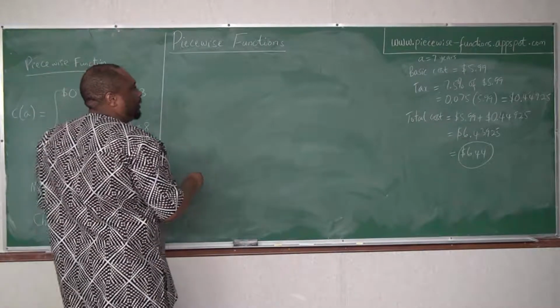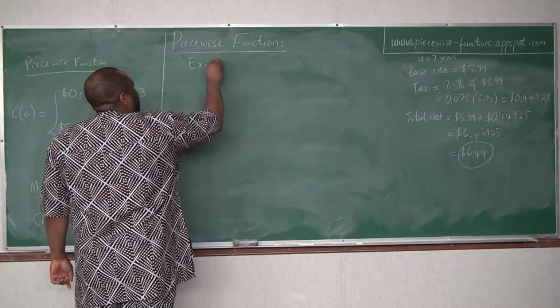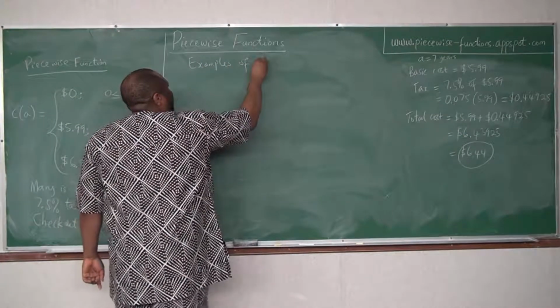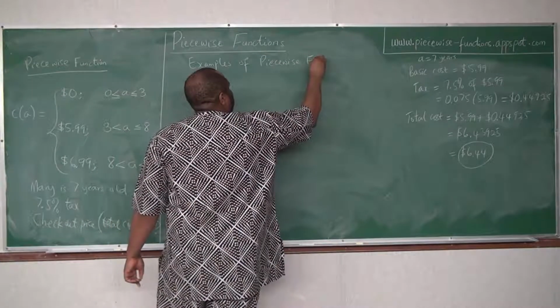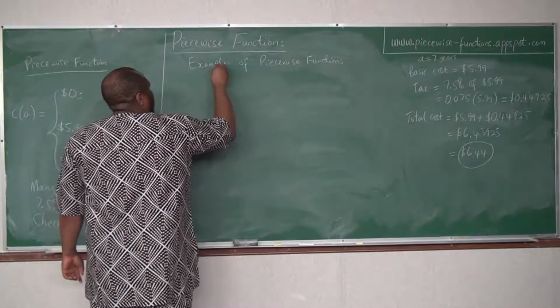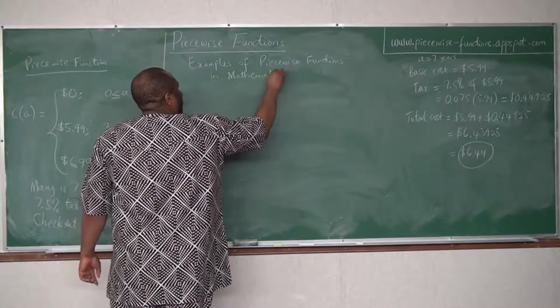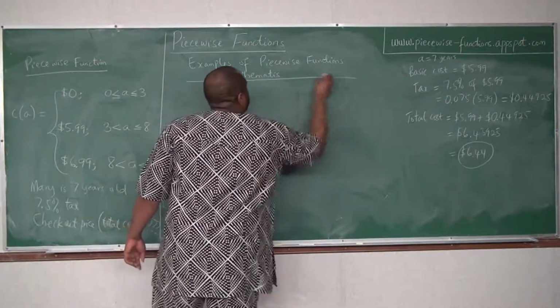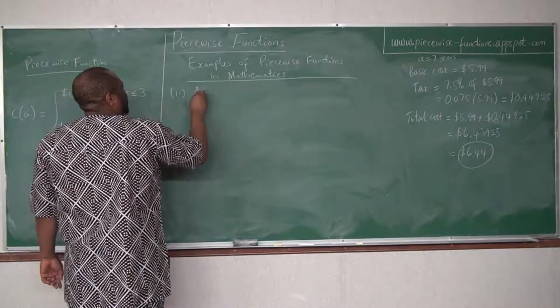Let's look at some examples of piecewise functions, and then we can call it a night. We're going to talk about three mathematical examples of piecewise functions, just mathematical functions that are piecewise functions. The first one is the absolute value function.